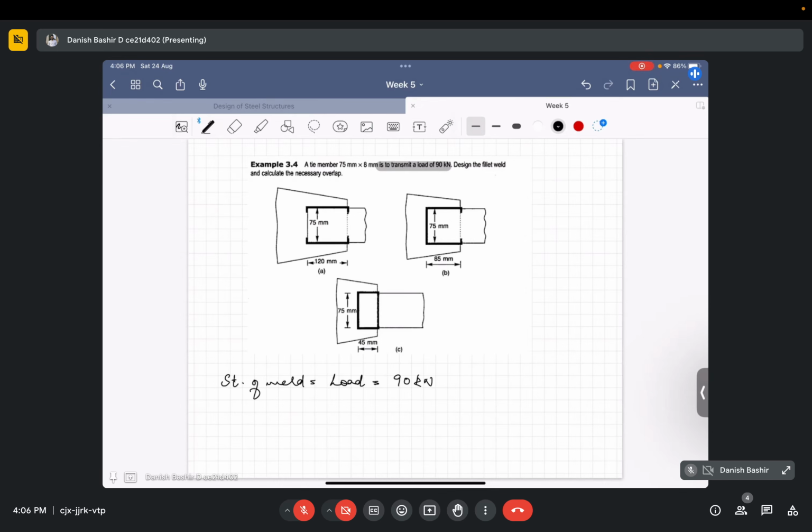As per IS provisions, the minimum size S for 8 mm thickness of the member has to be 3 mm. And the maximum size as per IS has to be 8 minus 1.5, that is the thickness of the thinner member minus 1.5, which is 6.5. So the size of the weld should be between 3 and 6.5.